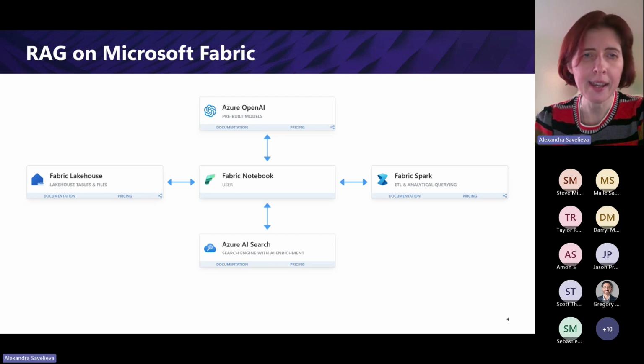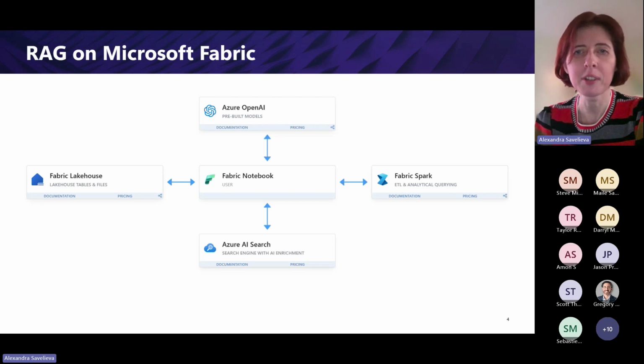Azure OpenAI, which can come in two flavors. One is, you probably know that with F64 capacity on Fabric, it's out of the box. But you could also just use any Azure OpenAI GPT model that you already have and hook this into the notebook to build the RAG.